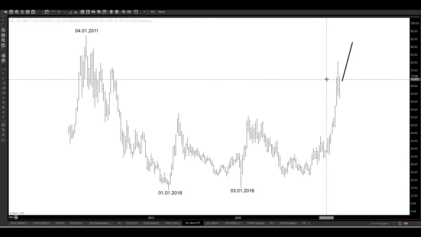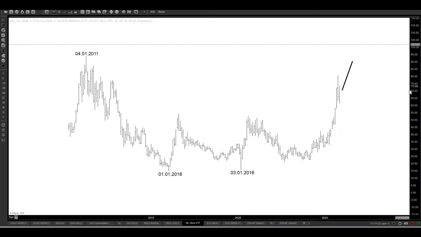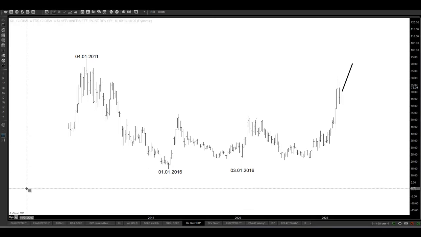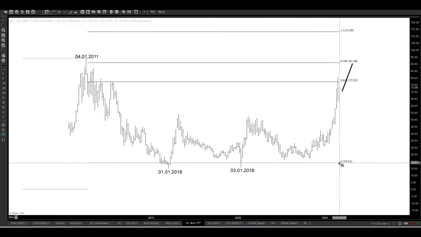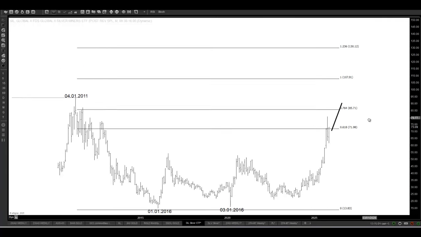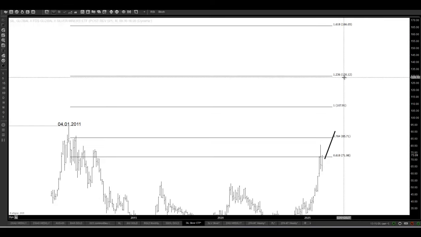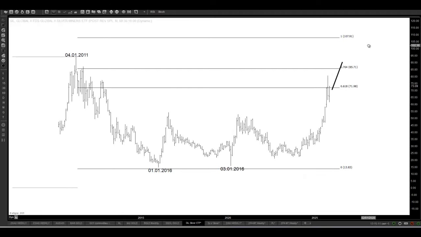So this is pointing higher, and it has a target that comes around 130, 166. Right? I explained already what a nest is, Manish.